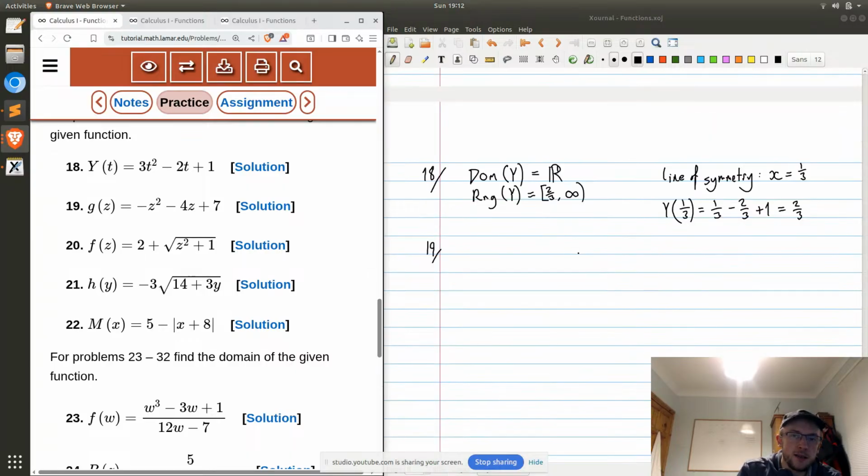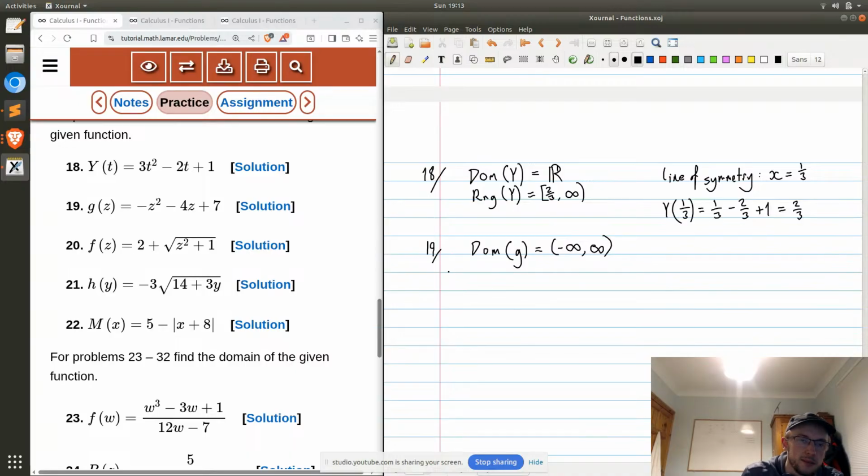Problem 19 is another quadratic. And therefore the domain of G is the entire real number line.